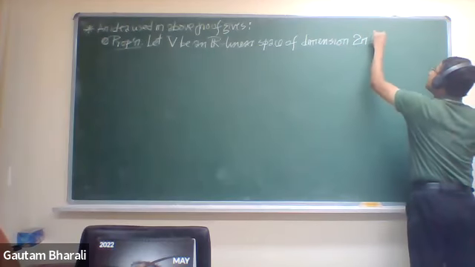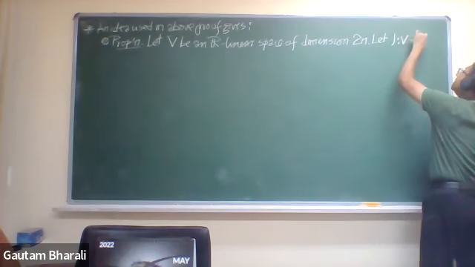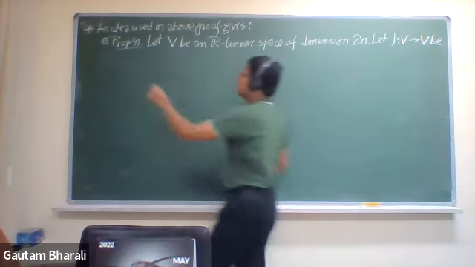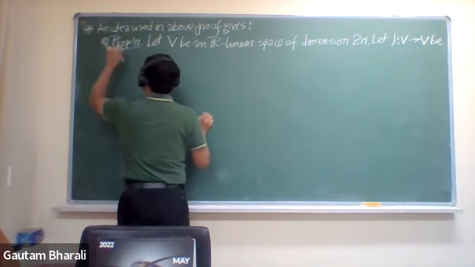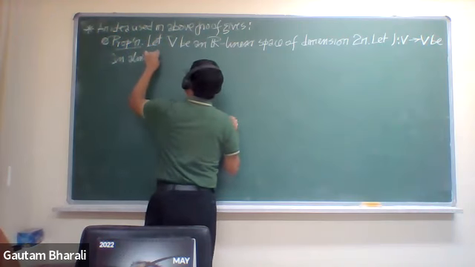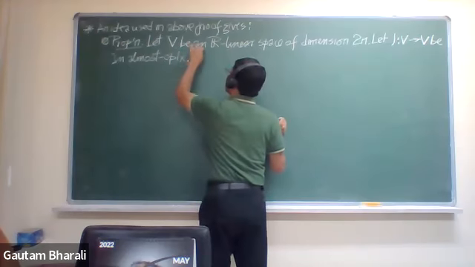Let J from V to V be an almost complex structure.